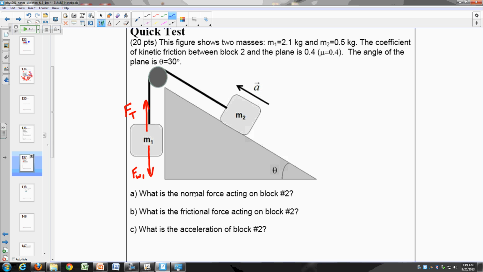What are the forces on block 2? The tension, the weight, not Fs, but Fk, the kinetic friction. Normal force? Yeah, normal force. So I have the normal force. Remember, the normal force is always perpendicular to the surface.